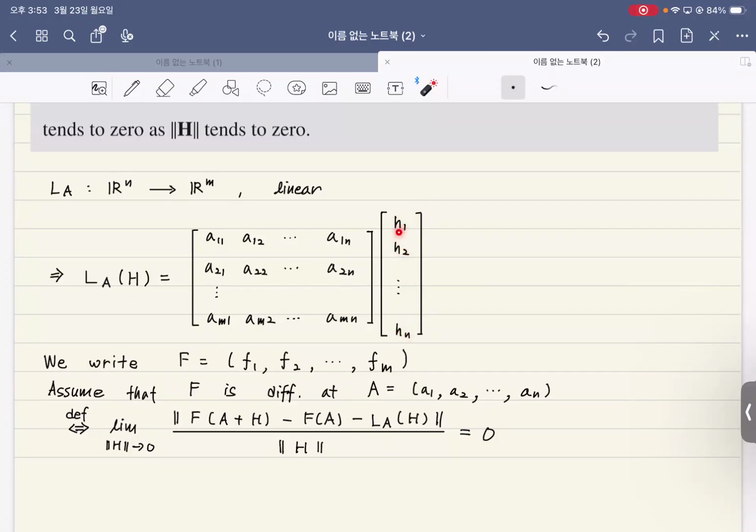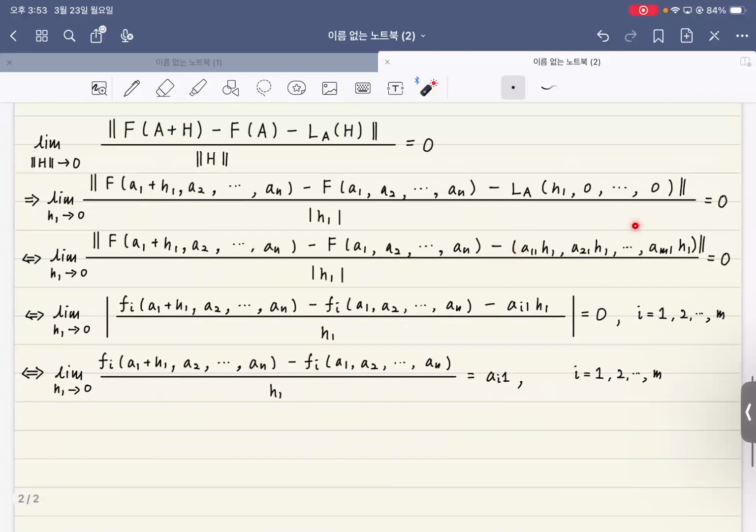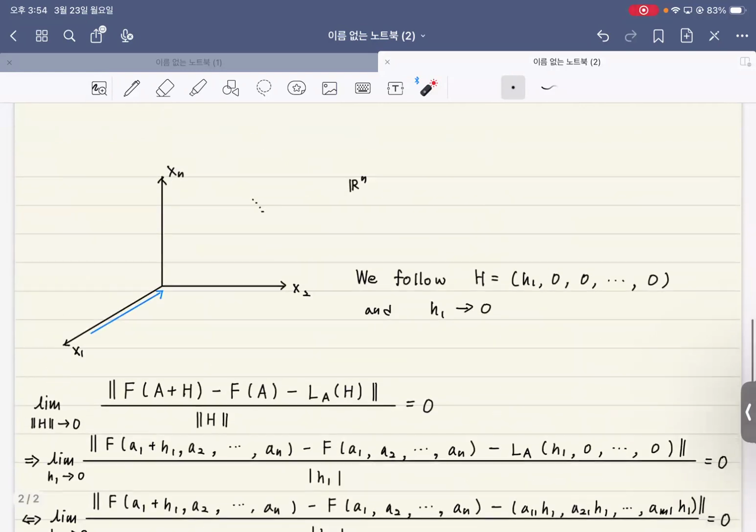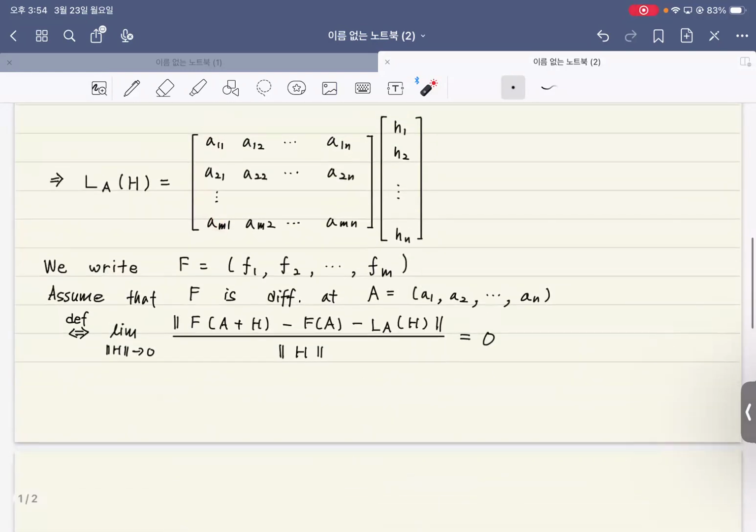If you plug in this guy here, then this guy times this, and 0 times that, and so on, and if you add them all together, the first component will be just A11 times H1, the second component would be A21 times H1, and the last component would be Am1 times H1, right? So I have this expression. Simply put, this is the first column of this matrix multiplied by H1, right?